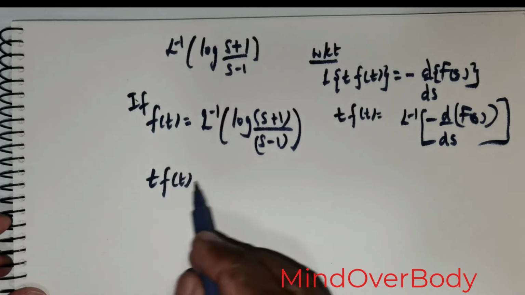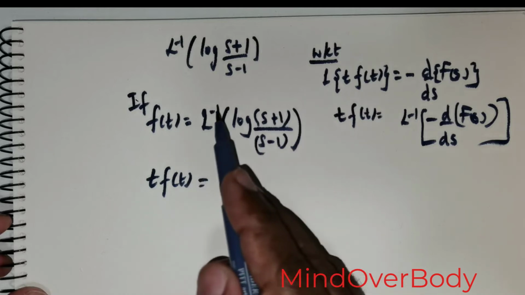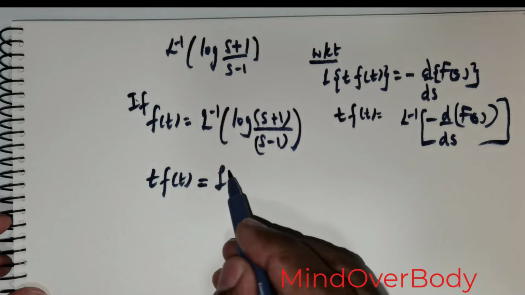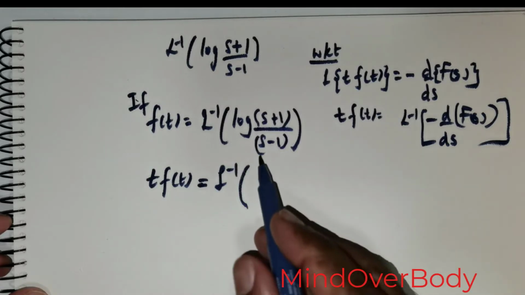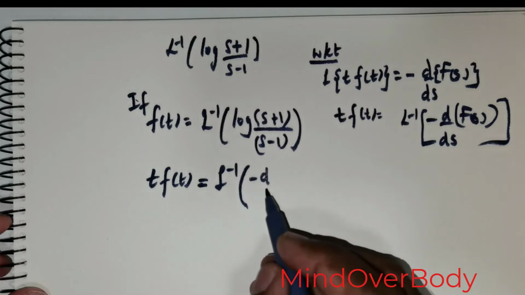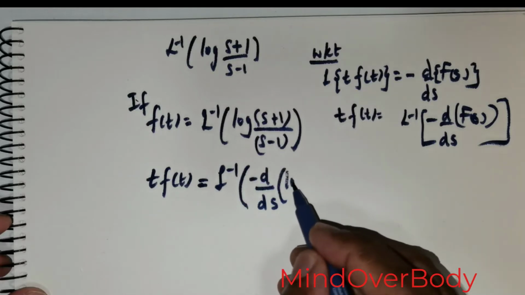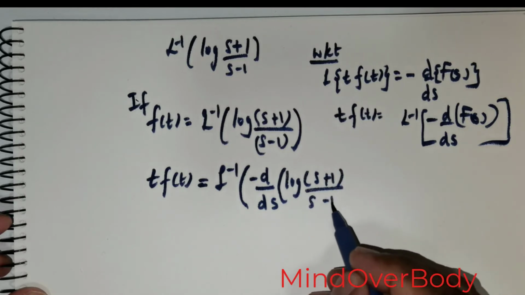The moment it has a t times f(t), this has to be converted. So how does this change? There's going to be L inverse of, you got a negative, negative d/ds of log of (s+1)/(s-1).